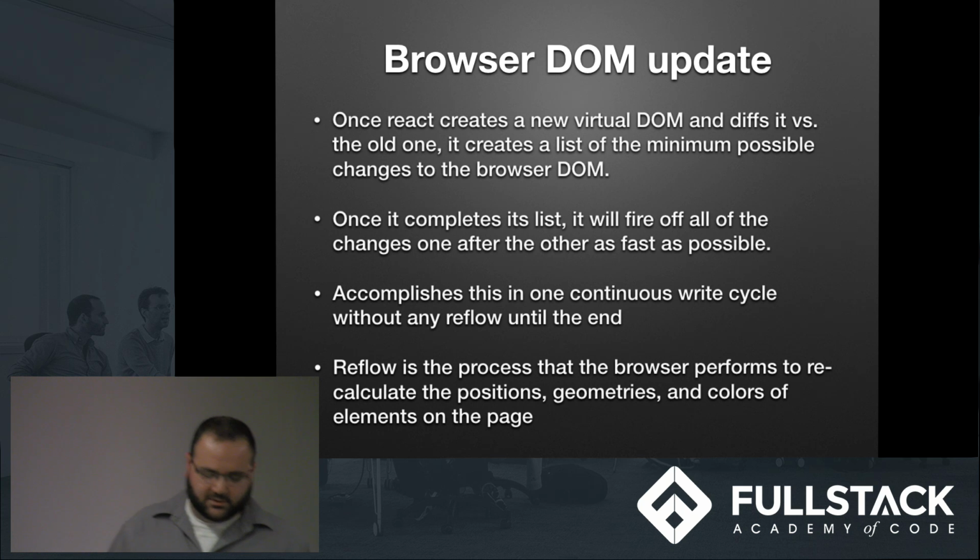The reason they do this is because sometimes in the browser, if you read from the DOM, then it'll create a reflow event. A reflow event is when the browser recalculates the positions and colors and geometries of everything on the screen, which, as you might imagine, is extremely slow. So React does everything it can to avoid these events, and it only does it once at the end, once all the updates are taken care of.